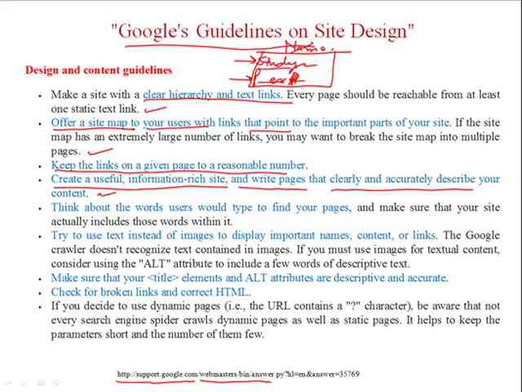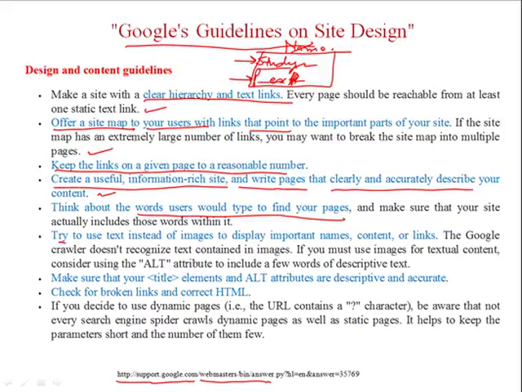Think about the words users would type to find your pages. For example, suppose your page is related to furniture or handicraft works, then your page titles or wordings used in the page should focus on those things.